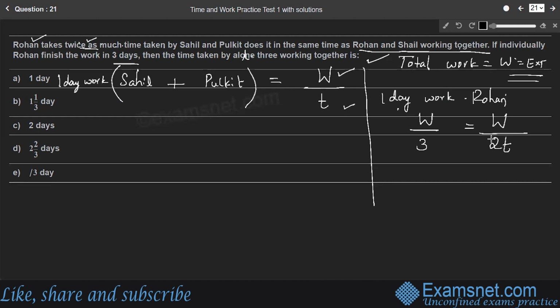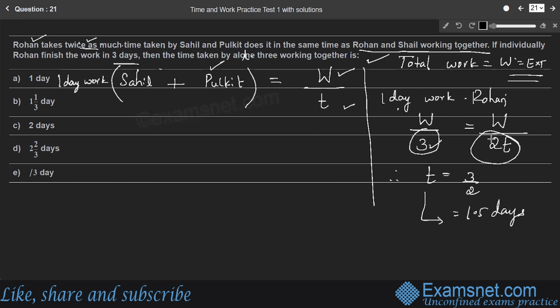These 3 days are nothing but twice the time taken by Sahil and Pulkit. Therefore, what is the value of T? 3 is equal to 2T. Therefore, T becomes 3 by 2, which is 1.5 days.